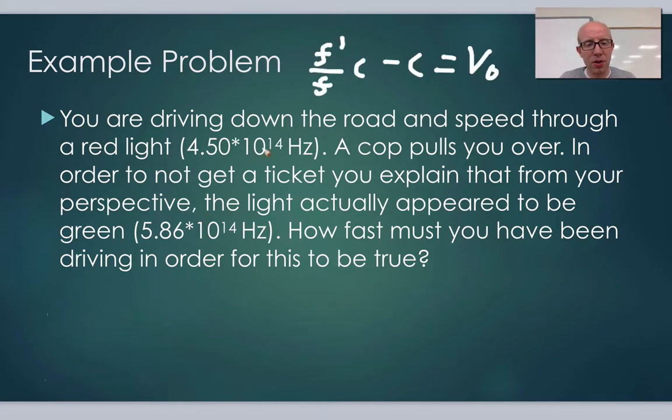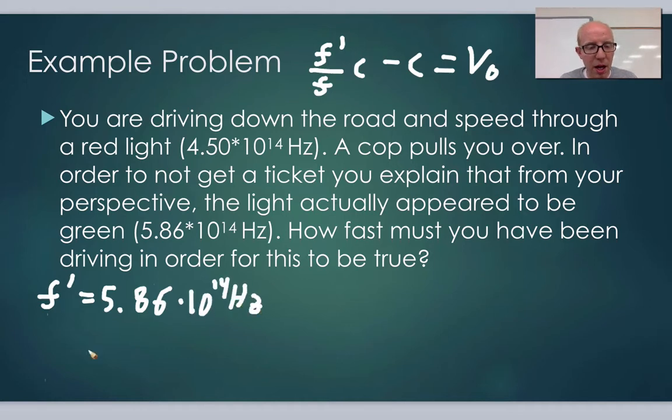I'm just going to write this up here so we have more space. Now we know our two frequencies here. Frequency prime equals 5.86 times 10 to the 14th hertz. That's what we're going to claim we saw. And our original frequency of red light is 4.50 times 10 to the 14th hertz.